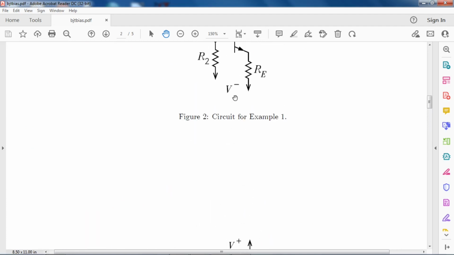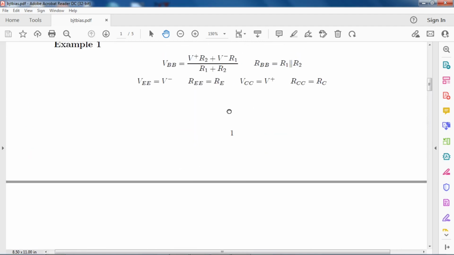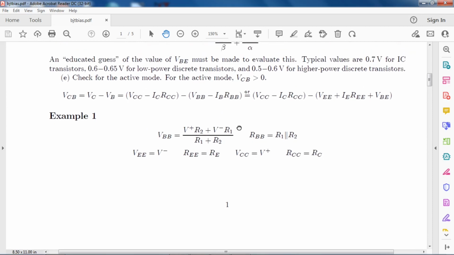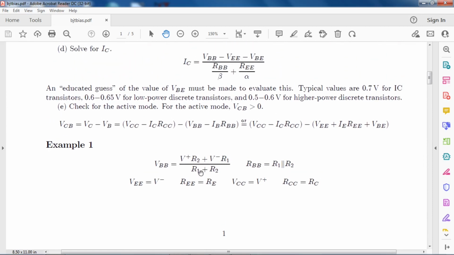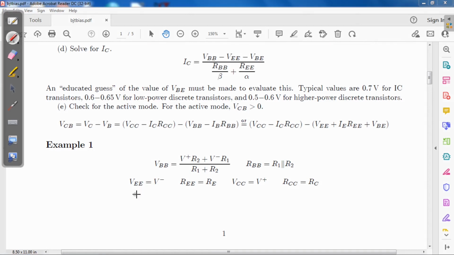So now we need to write IC using those values. In our case, IC is equal to VBB.